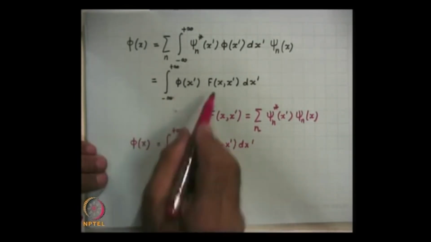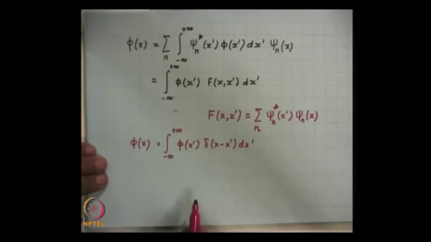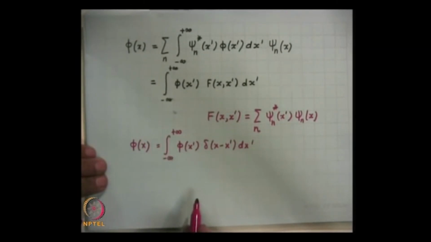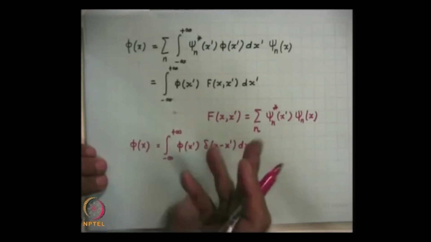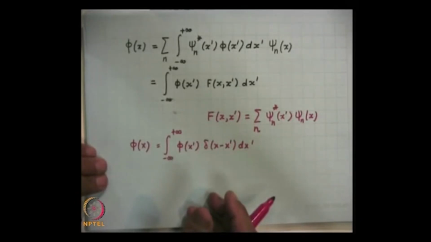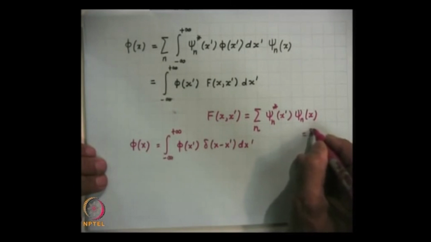So, it picks up the value at x only, no matter what the function phi is. Therefore, this function has to be 0 for all values of x other than x prime, and so this quantity must be the Dirac delta function.